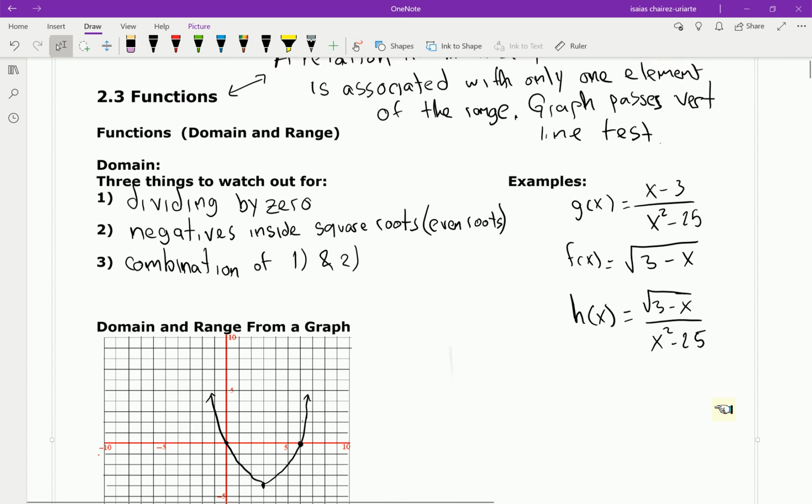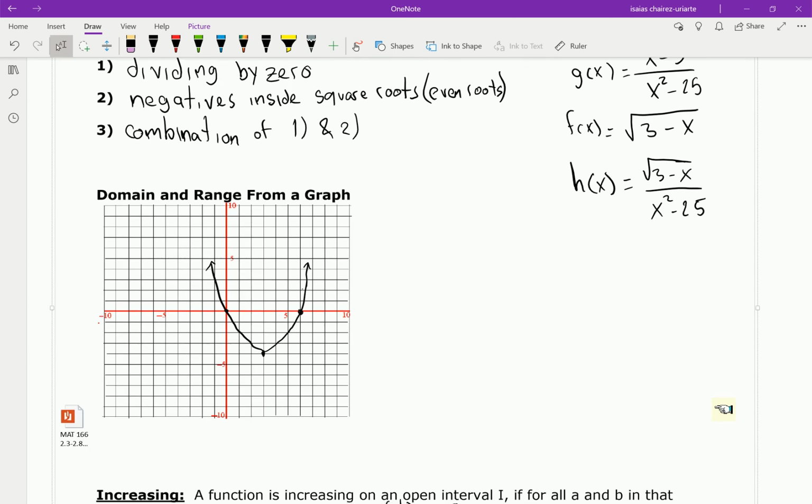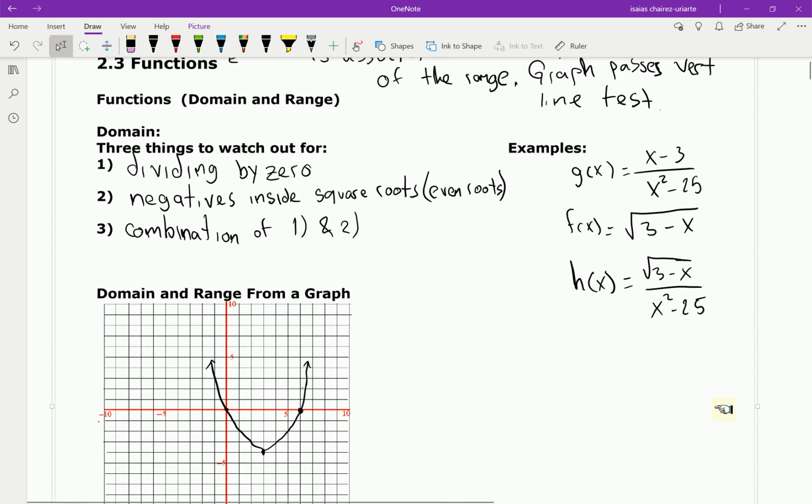Okay, the story gets a little bit easier from a graph. In the case of a graph, well, actually, let's find the domain of these functions here. Let's find the domain of, let's say, this function g of x up here.